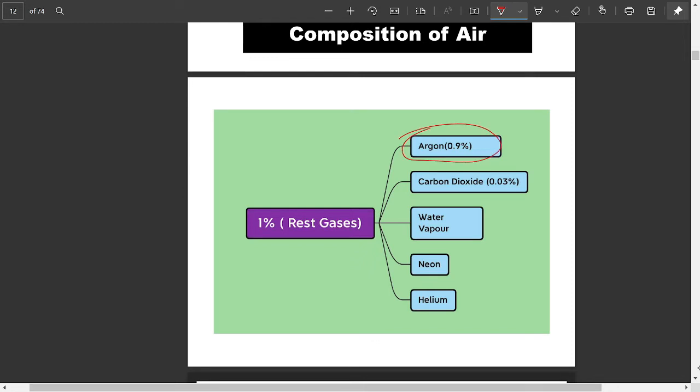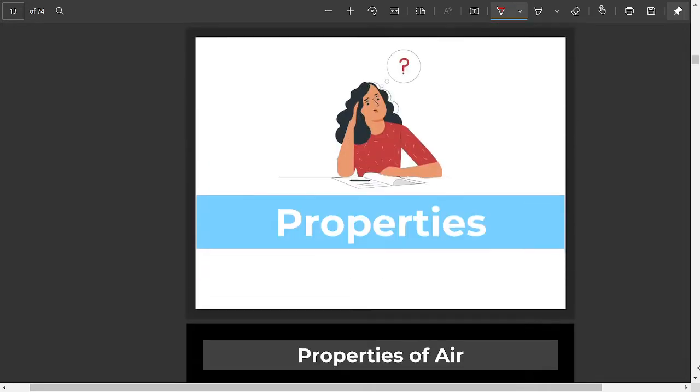Argon is 0.9%, carbon dioxide is 0.03%, and water vapor, which is the humidity present in the area. Then neon gas and helium gas.